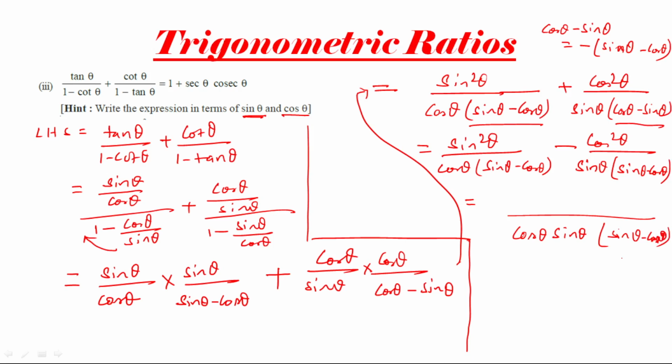And here, because sin theta is not there in the denominator, sin theta will get multiplied and it will become sin cube theta minus, here cos theta is not there, so it will become cos cube theta.